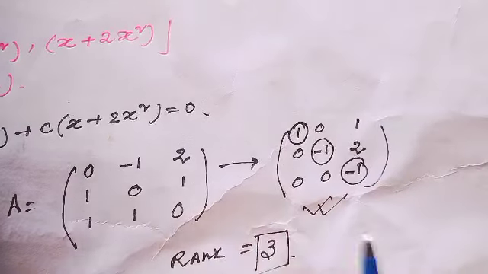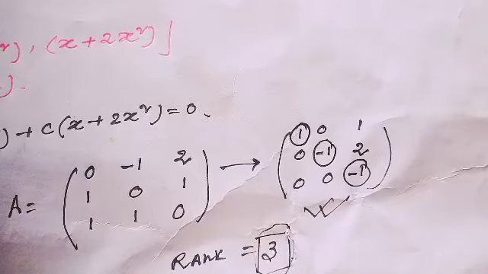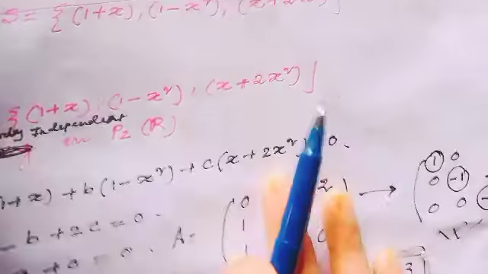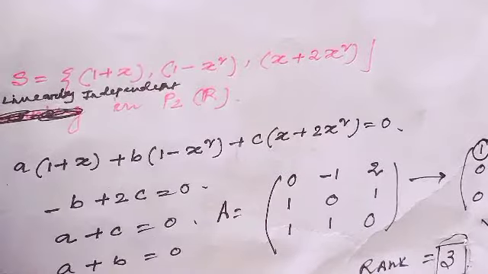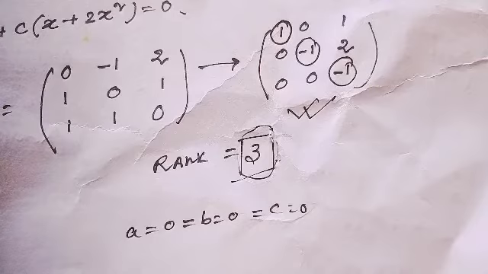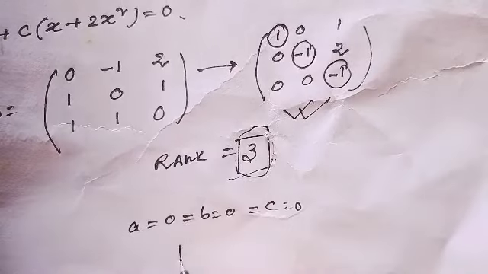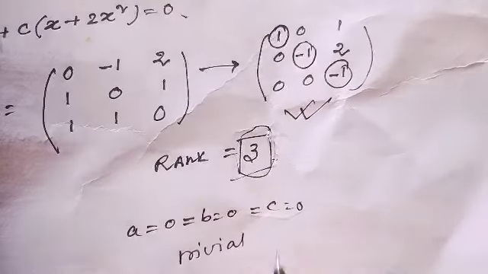That means the rank of the matrix is 3. So obviously these vectors are linearly independent. That means there exists only the unique solution a equal to 0, b equal to 0 and c equal to 0, and this is actually the trivial solution.